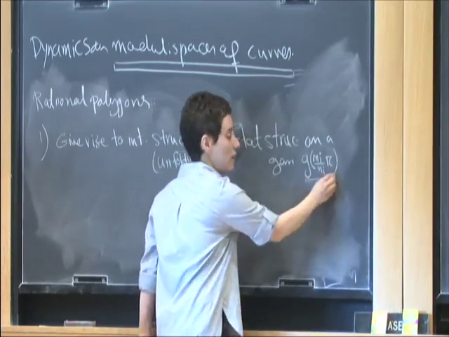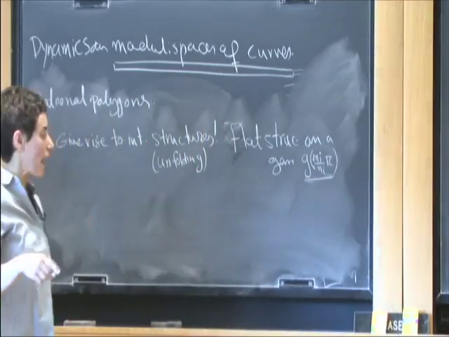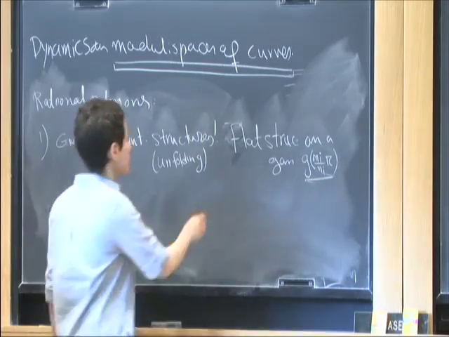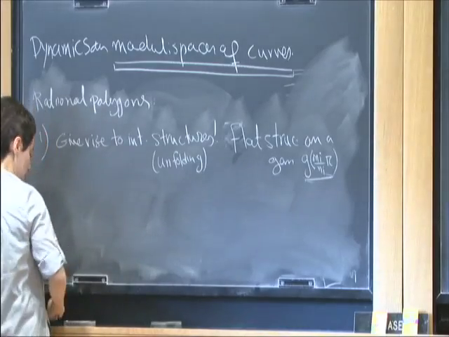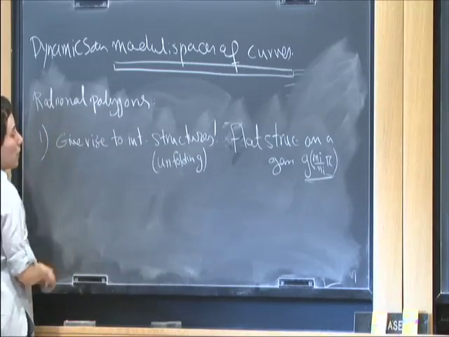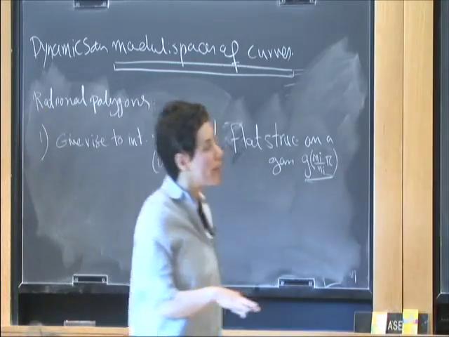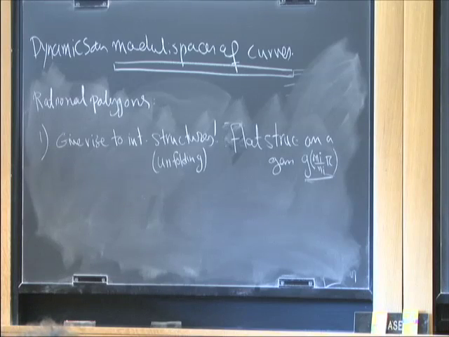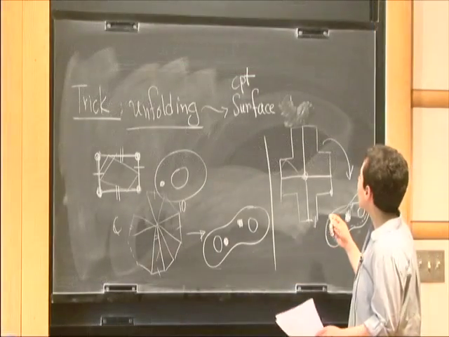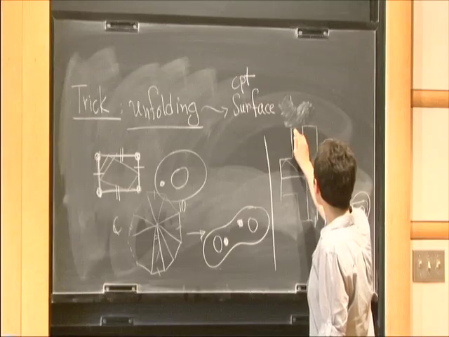It's something based on the angles, and basically what happens is that it looks everywhere flat except for finitely many points, which might come from some of the vertices, and you get a lot of structure.